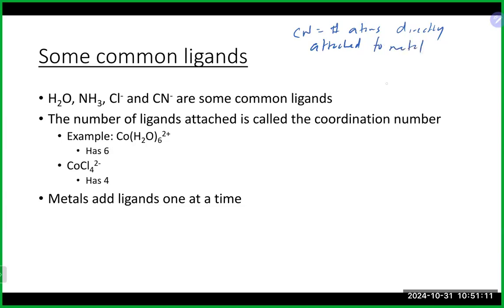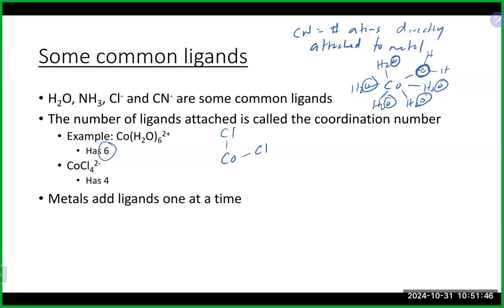So for example here, that cobalt is attached to, and I won't draw them all out, 6 waters. Each water attaches through the oxygen, which means in this case there are 1, 2, 3, 4, 5, 6 oxygen atoms directly attached to the metal. That's why it has a coordination number of 6. Same thing with the cobalt one. It has 4 chlorides attached, and that gives it its coordination number of 4.